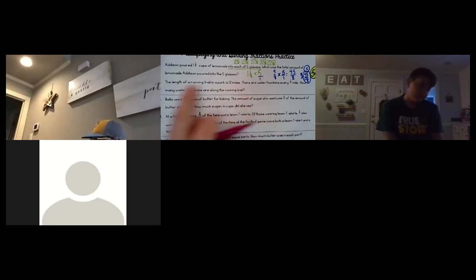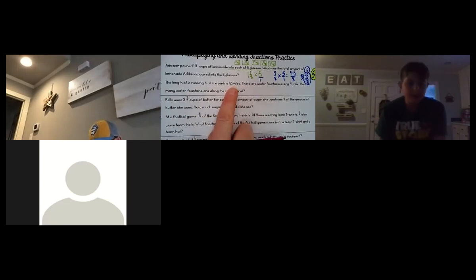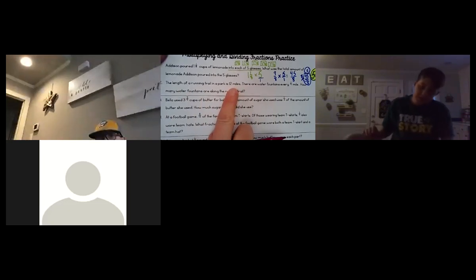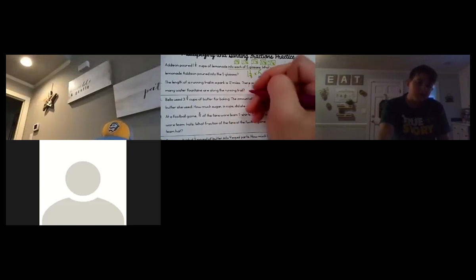Well, let's look at it. How long is the entire trail, Maya? Maya, how long is the entire trail? 12. Good. So the whole thing is 12, right? And every fourth of a mile, they're putting in a water fountain. So this is 12 divided into fourths.